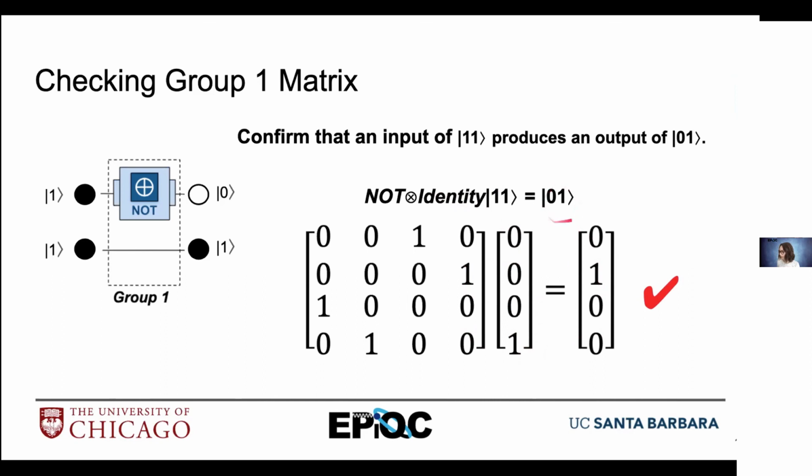And we know that this bracket notation is equivalent to this vector notation for this quantum state. So we confirmed that our tensor product operation to combine NOT and identity did result in the correct transformation matrix for this portion of our sample circuit for group 1.